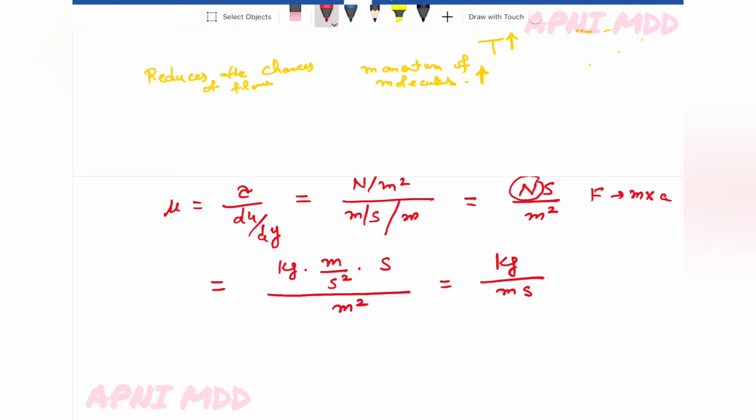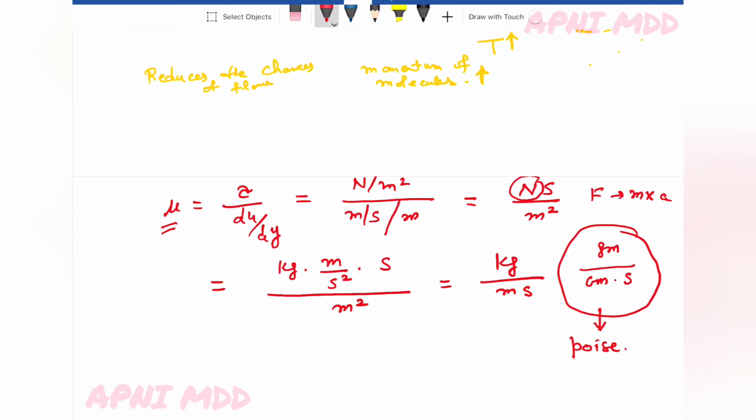So we can write it as kg upon meter second. When we talk about its CGS unit, kg becomes grams and meter becomes centimeter, so the CGS unit for mu is grams per centimeter per second. This CGS unit for viscosity we call poise.